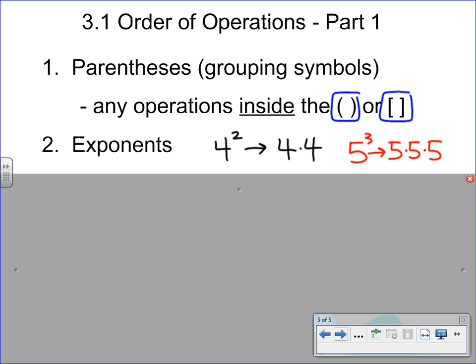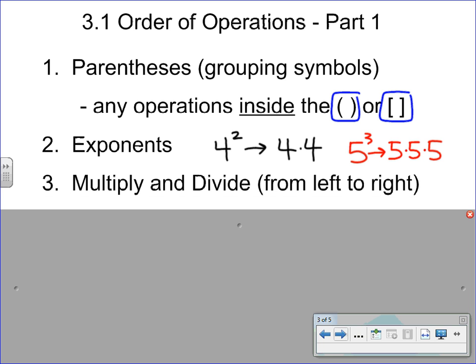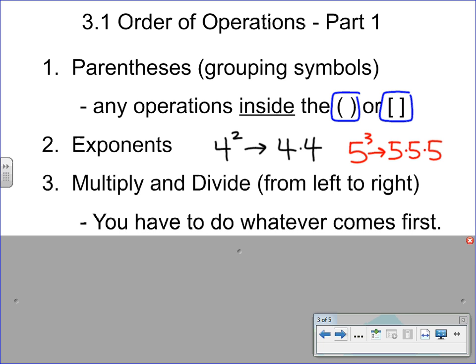Now I start to disagree with PEMDAS right here in the third step. The M and the D are not in that specific order. Multiply and divide occur from left to right, and that means you have to do whatever comes first. So as you work through your problem from left to right, if division comes first, you do division. If multiply comes next, you do multiplication. But you have to go from left to right and do whatever comes first.